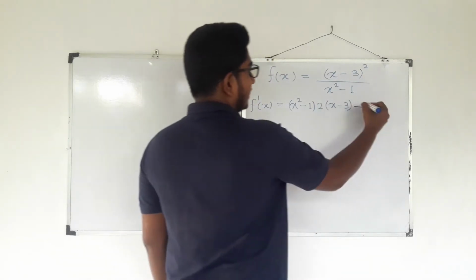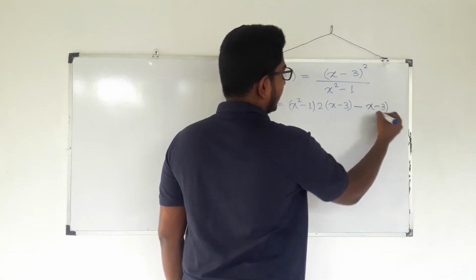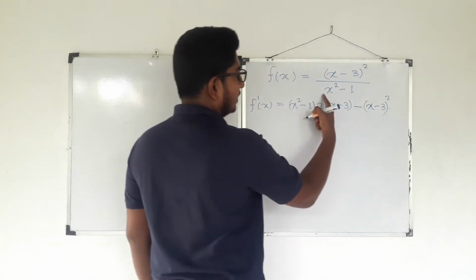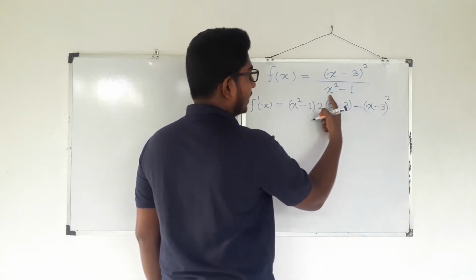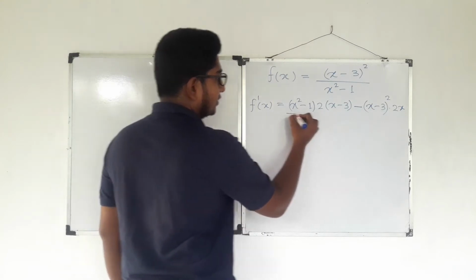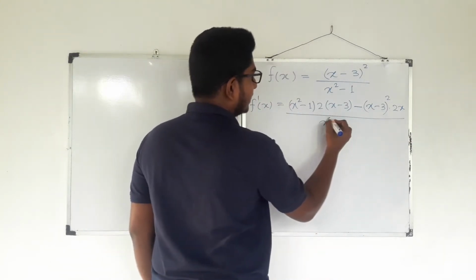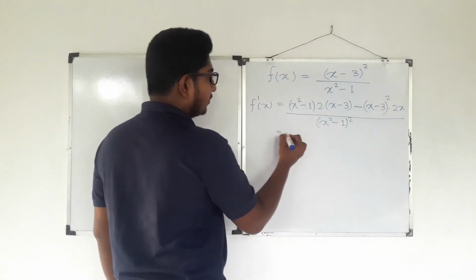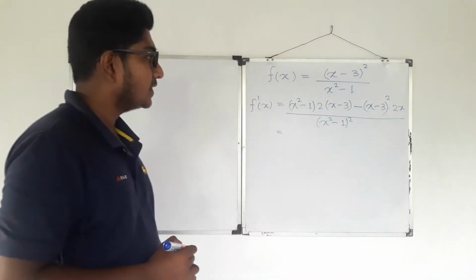minus, then write the numerator as it is, then differentiate the denominator. Differentiation of x squared is 2x, minus 1 is 0, then the whole thing divided by the square of the denominator. Now we have to simplify this.